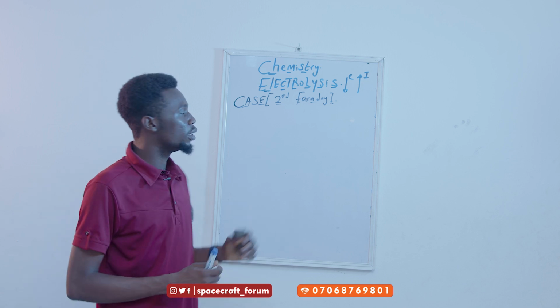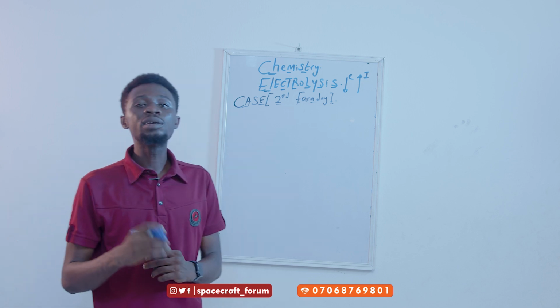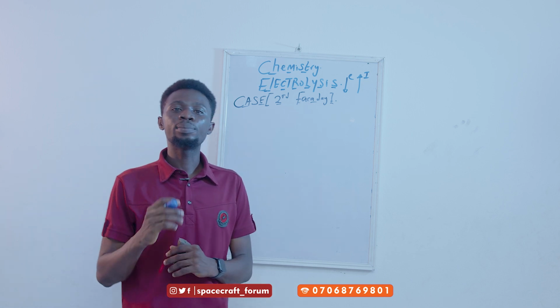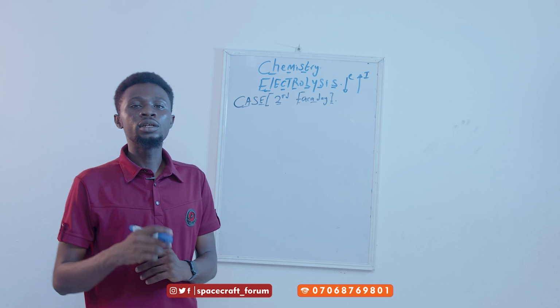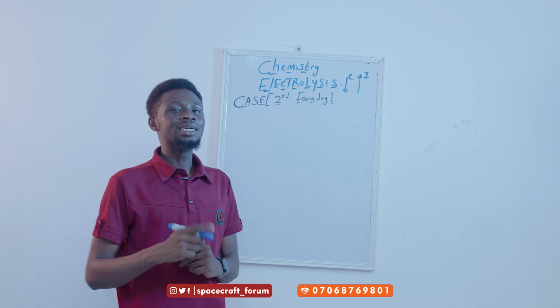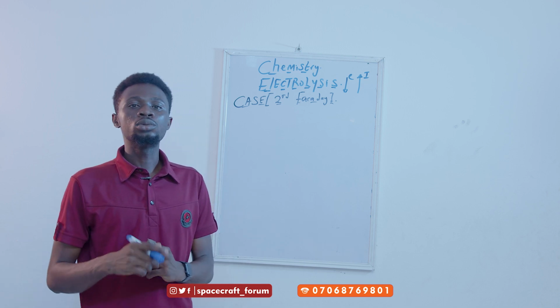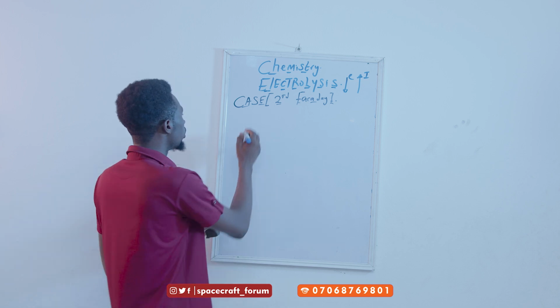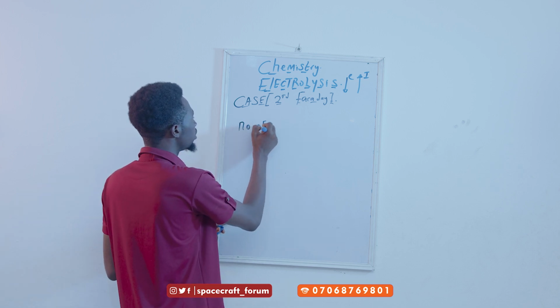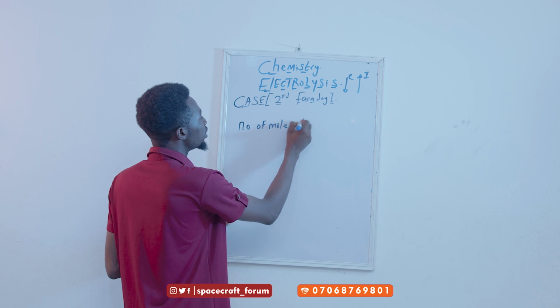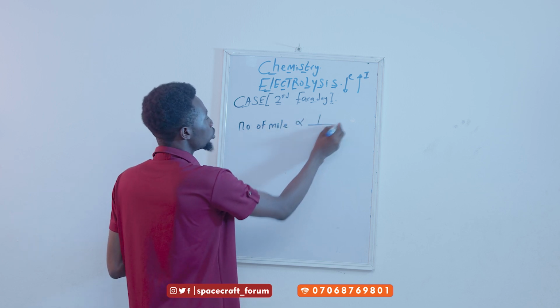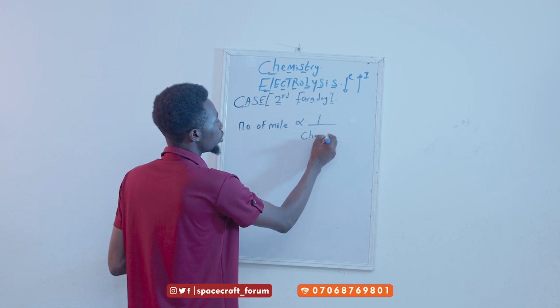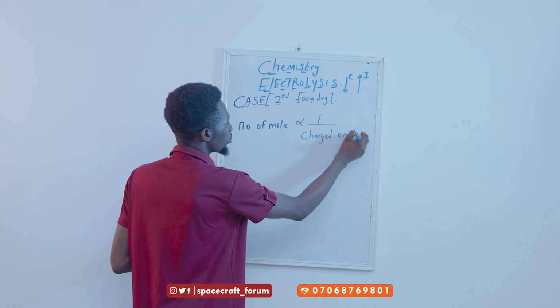Second Faraday law of electrolysis states that if the same quantity of electricity is passed through different electrolytes, the number of moles of an element is inversely proportional to the charge of the ions present on the element. That is, number of mole is inversely proportional to charge on ions.